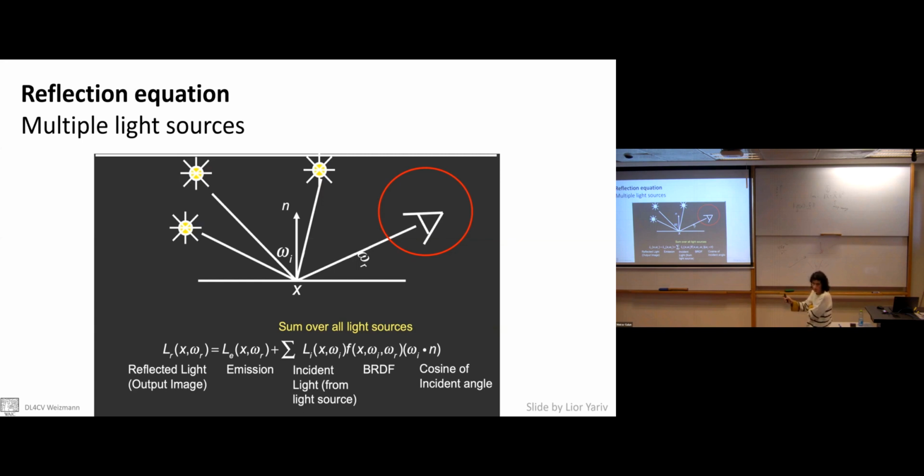So the idea is the following: sum all the contributions from all the light sources. This is, by the way, called direct illumination, the reflection equation. Take into account the BRDF due to the material, the incoming direction and the out direction at this point, and also attenuate the incoming light by the cosine of the angle between the direction of the light and the normal, and then sum.